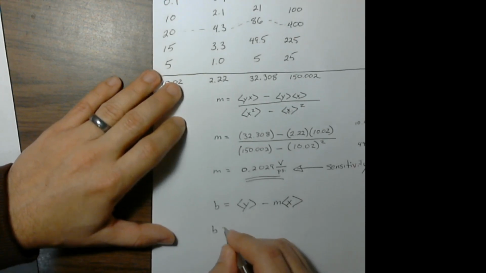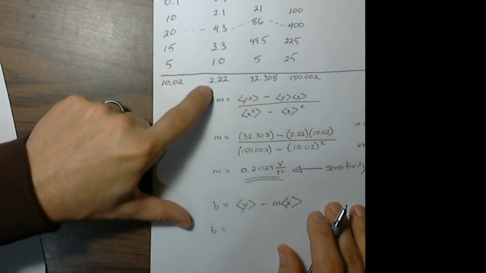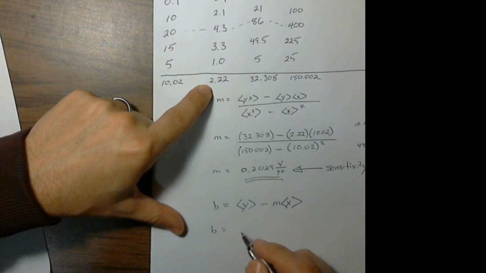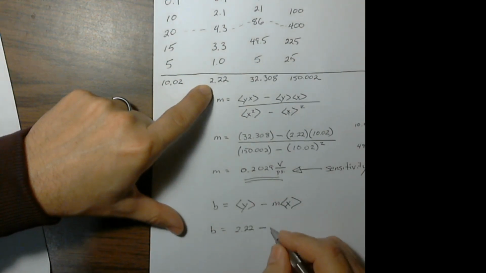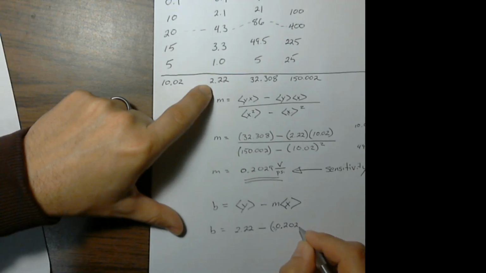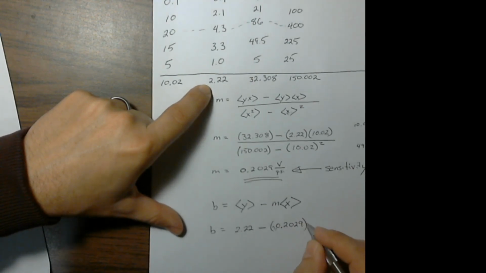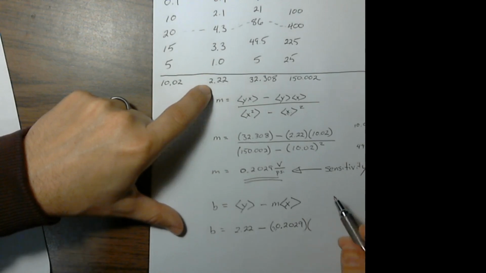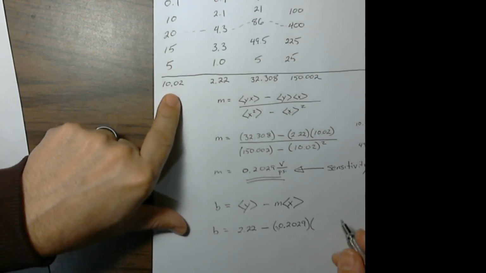So b is going to be equal to the expected value of y, which is 2.22, minus m, which we just calculated, times 10.02. I'm not bothering to write units, how sloppy.